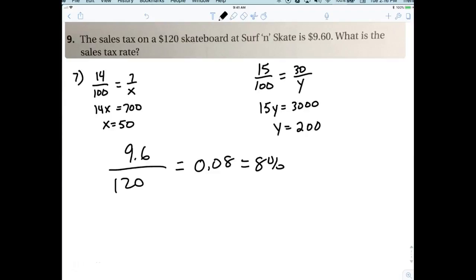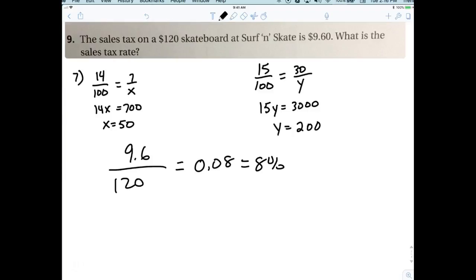So now, listen to me, you can understand percentages better, right? So this 9.6 is the result of taking 8% of 120. So what I want everybody to do now in your calculator is take 120 and multiply that by 0.08.